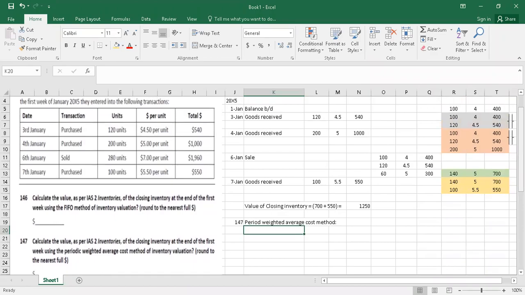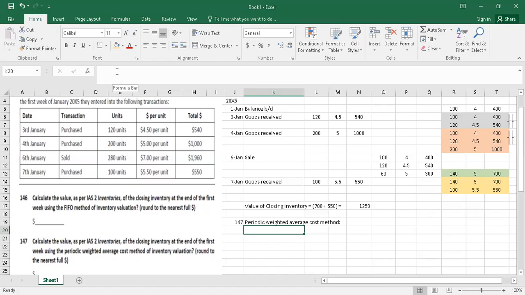From the question, we see that periodic, I didn't write periodic weighted average cost method. So the value of inventory is calculated as on the last date of that period. They would not be doing it on a continuous basis every single day. At the end of every single day, the value is not calculated, but they wait until the last date.